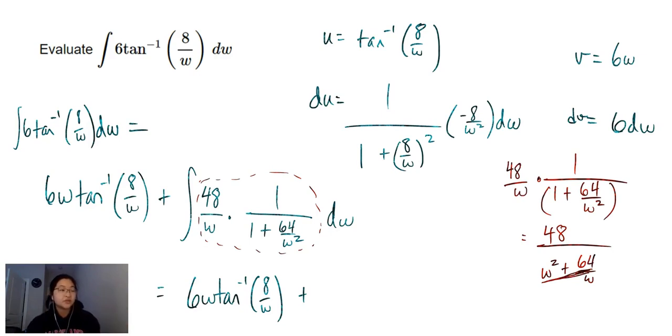So we could do 48, so we get 48w over w squared plus 64. Barf. Okay.